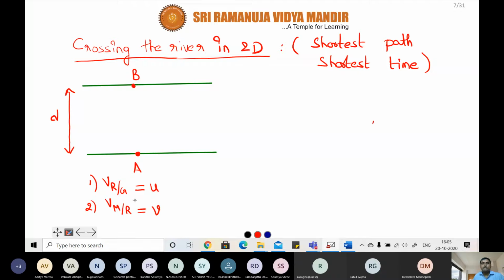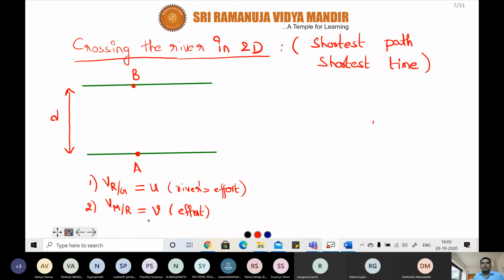Please remember, velocity of man with respect to river is also called his effort, and the velocity of river is called reverse effort. The final velocity of man with respect to ground will always be his effort plus reverse effort, vectorially.